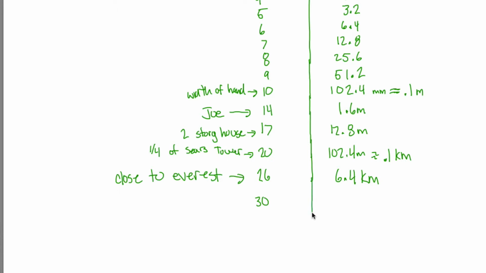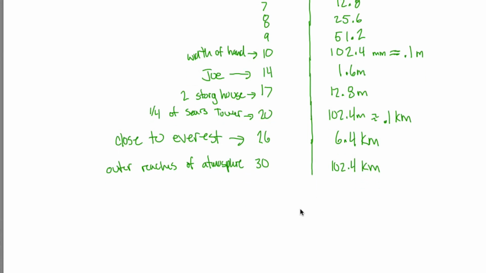Well, 30 folds would be back to this number again, 102.4 kilometers. So what is 102.4 kilometers? Now we're talking about the outer reaches of our atmosphere, which is pretty wild.